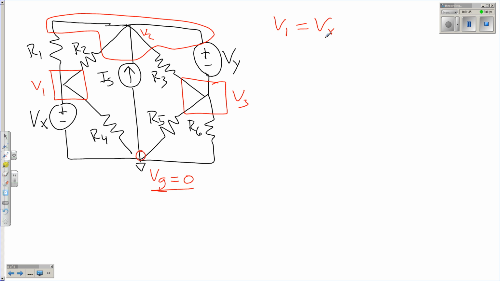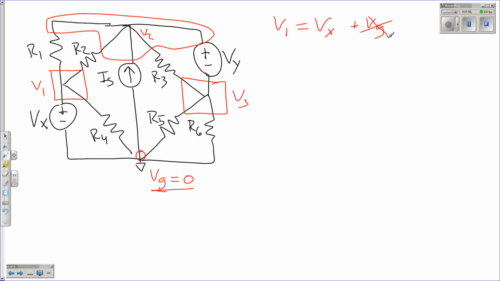If Vg was a non-zero number, that wouldn't help us a whole lot. We would need to use a supernode. But since Vg is 0, this cancels out. We just get V1 equals Vx, our first equation.